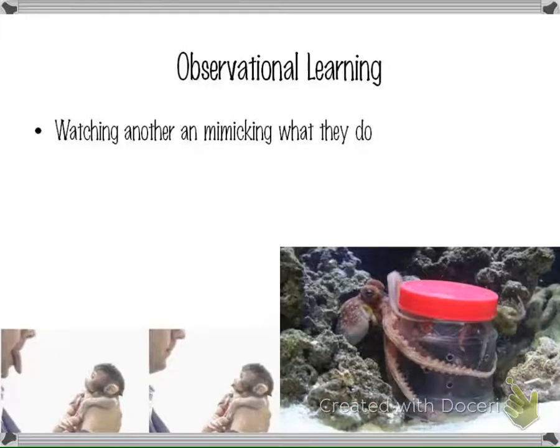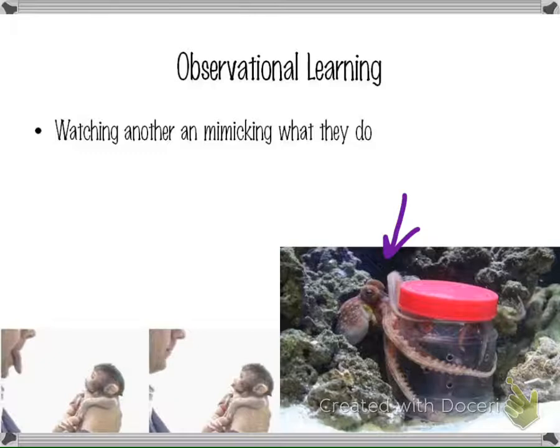Observational learning, I think Jack brought up in class the other day. It's also social learning. You're watching another organism and mimicking whatever it is they're doing. If you put a lot of octopi in tanks with lots of jars, about half of them will be able to open the jar and get the food out from inside, and half can't.